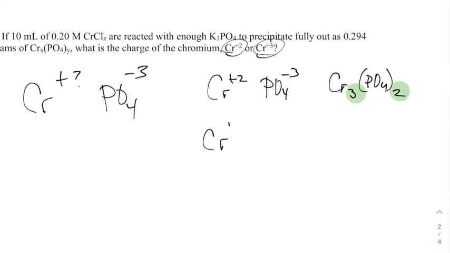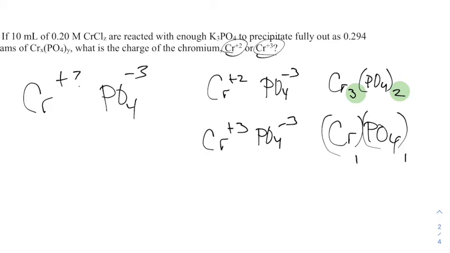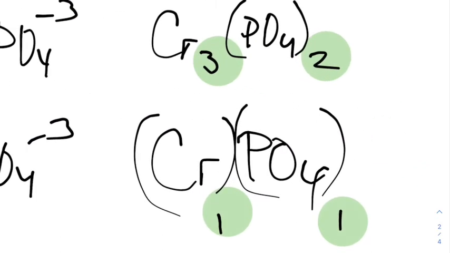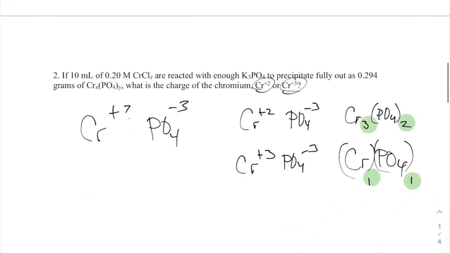But if it's chromium with a +3 and phosphate with a -3, then those would just cancel each other out, and you would have CrPO4, which would mean that you would have a 1-to-1 ratio, because there would be 1 chromium for every 1 phosphate based upon their charges. So you are looking at either a 3-to-2 ratio or a 1-to-1 ratio again.